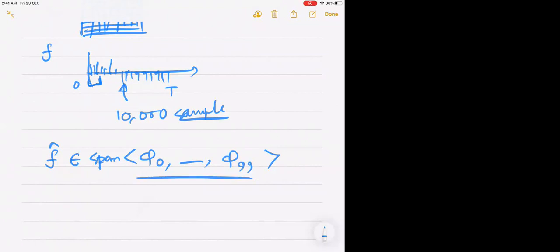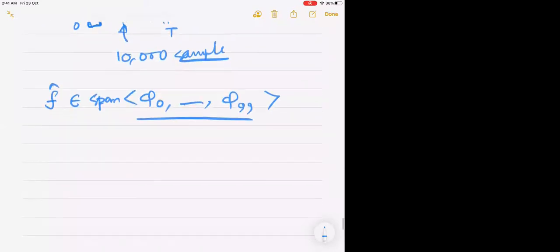All the higher ones would be higher resolutions, and those are such that our human eye is not even able to discern any difference. In that situation, I have to store only 100 values.